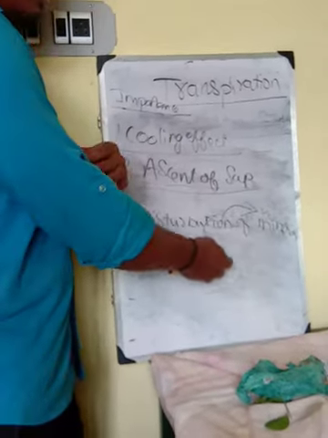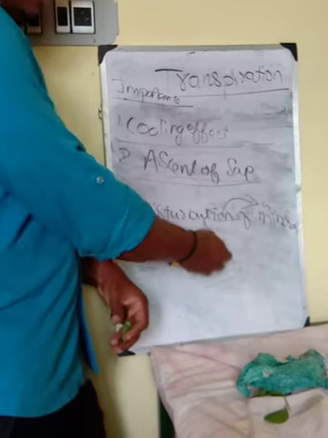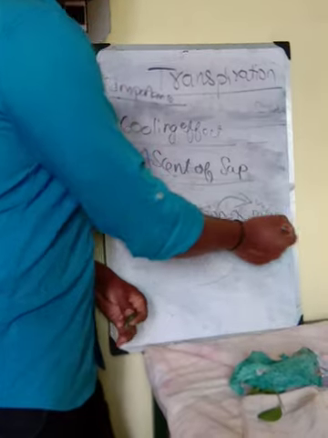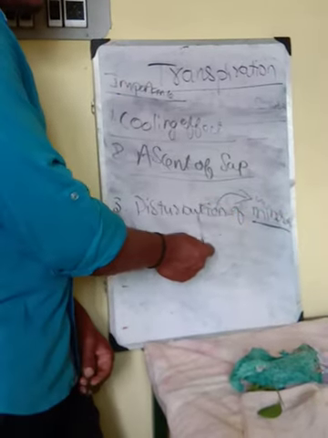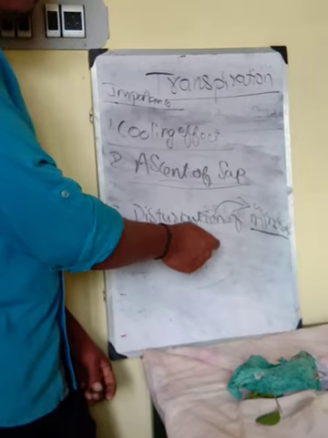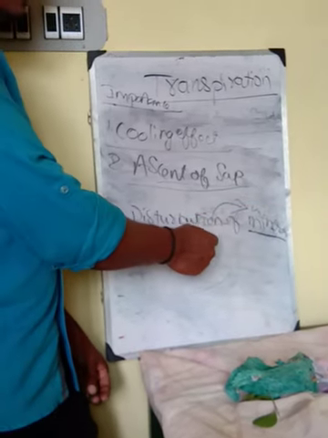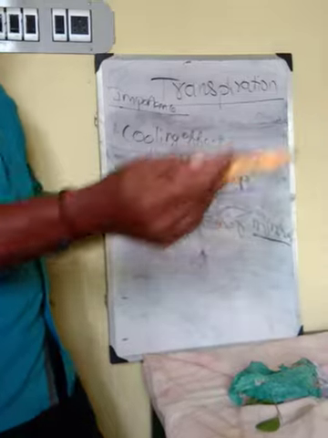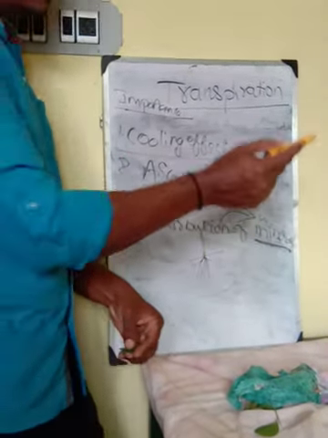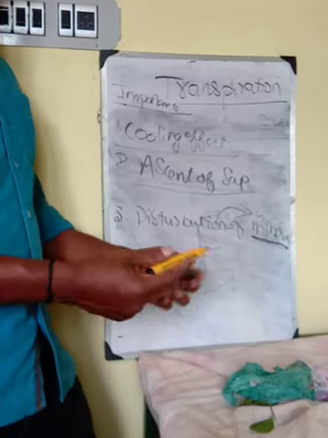So when the water is taken up by the root, along with the water these minerals will also be taken up. These minerals will be used by the plant, and this mineral water will be transported from the root to all parts of the plant. So these minerals are very important for the plant for its growth.